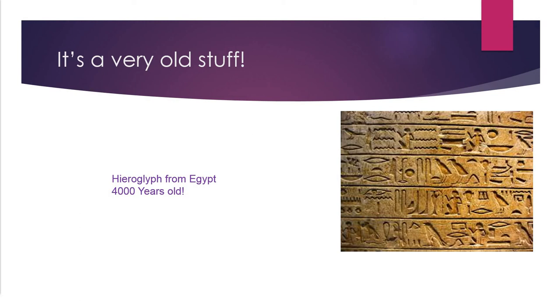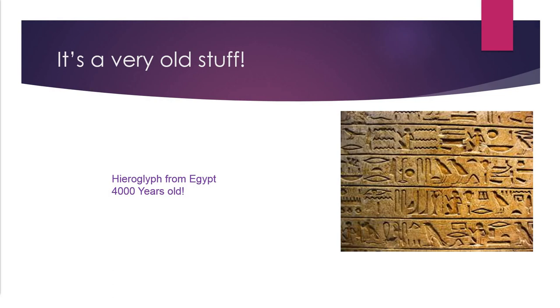To corroborate that it's a very old thing, I have put up an example for you. The picture you're seeing on the screen right now is called a hieroglyph. It's from Egypt, an ancient Egyptian writing.